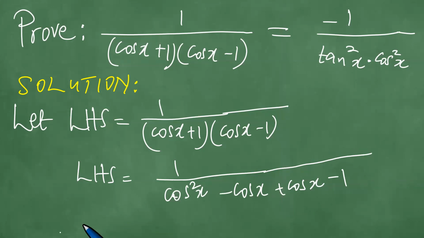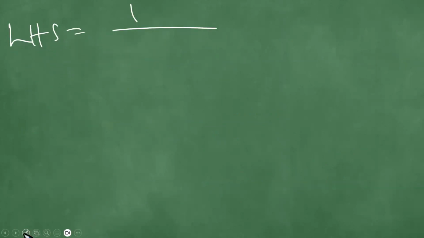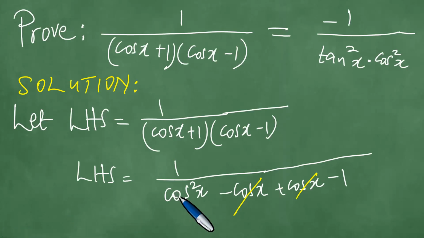Looking at the denominator, we see that minus cosine x and cosine x give us 0, so we are left with cosine squared x minus 1, and therefore the left-hand side is cosine squared x minus 1.